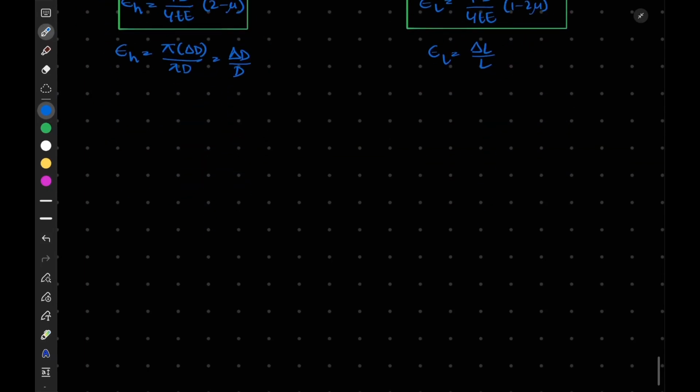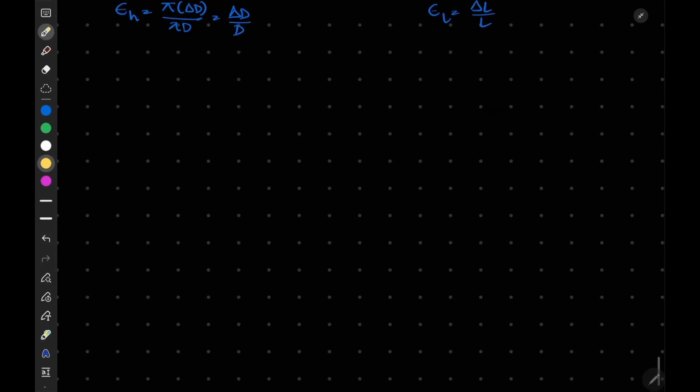Now we will talk about your volumetric strain. In case of volumetric strain in cylinders, there might be two cases possible.